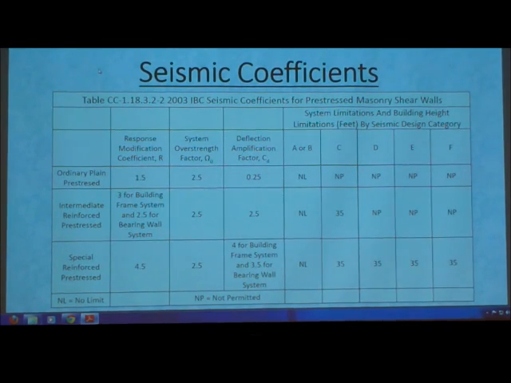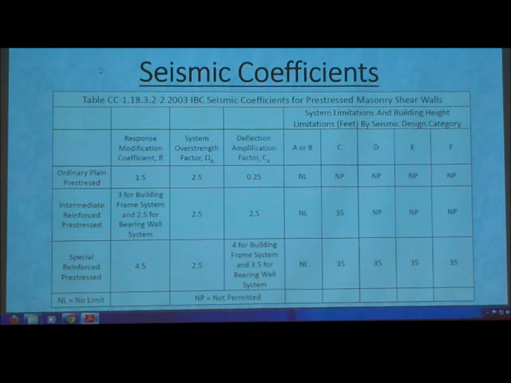Seismic coefficients. This is directly from the 2011 Masonry code that we use, and they pulled it from the 2000 IBC. What it basically tells you is it uses the SDC design criteria, and it helps you figure out what your modification coefficients will be, but it also tells you your height limit. So for instance, you're working with ordinary plain prestressed.